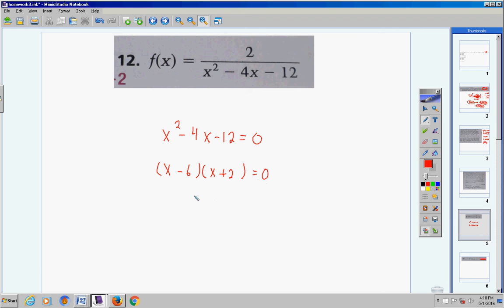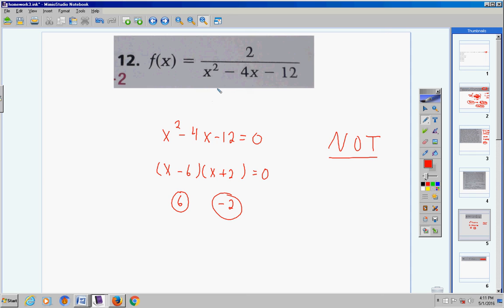Now, if I take this parenthesis, set it equal to 0 and solve, I get 6. Take this parenthesis, set it equal to 0 and solve, I get negative 2. So x cannot be these two numbers, because if I put 6 in for x, I will get a 0 in the denominator. If I put negative 2 in for x, I will get 0 in the denominator.